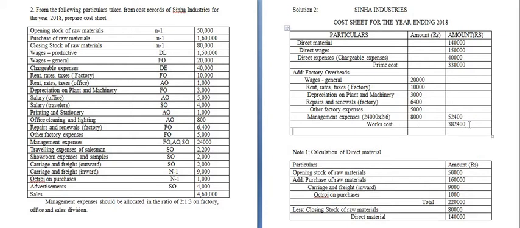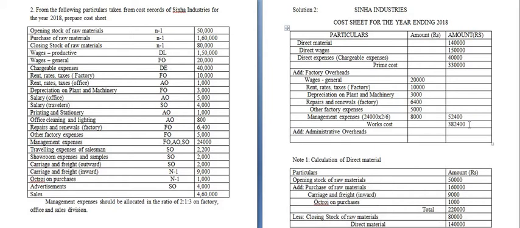Now next, add administrative overheads. Wherever we have written AO, all those expenses have to be taken here.